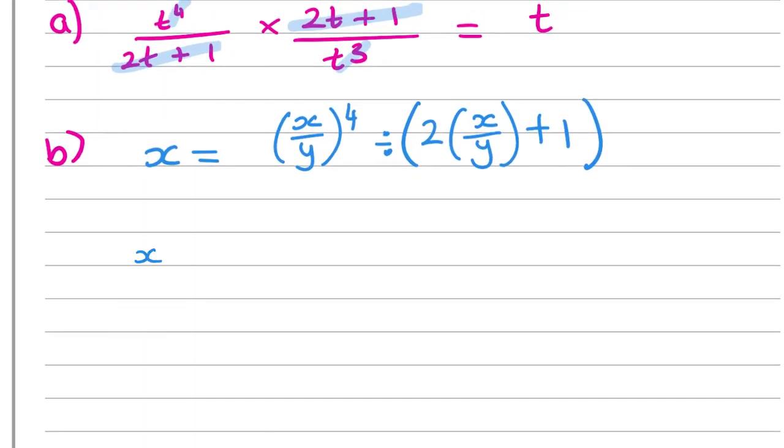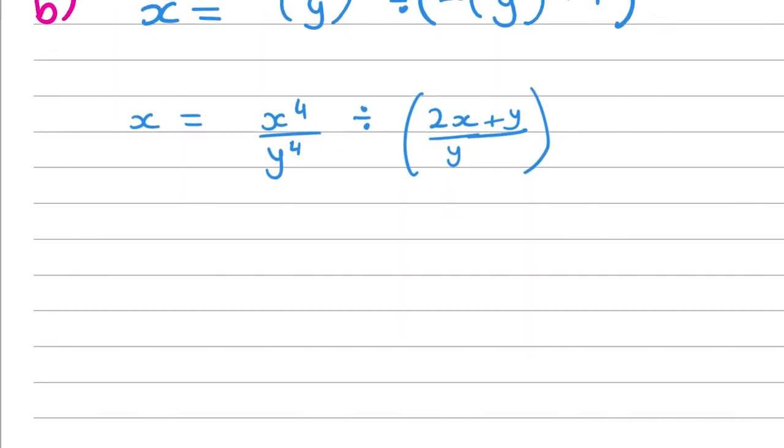So I'm going to have x equals x to the power of 4 over y to the power of 4 divided by 2x over y. Now, technically, if I wanted to add 1, what do I know? That they have to have the same denominator.